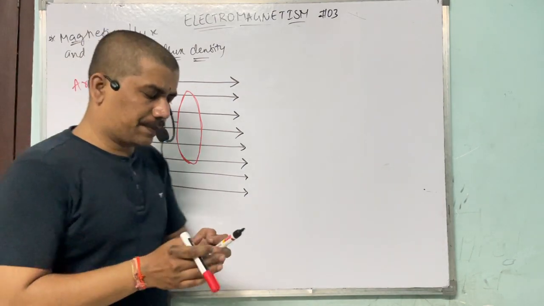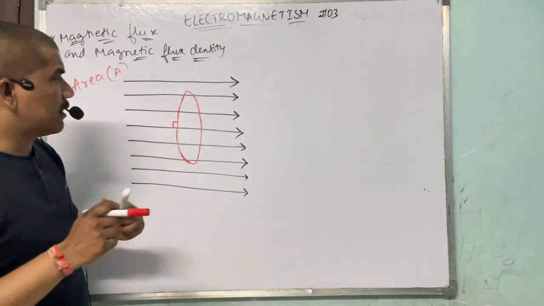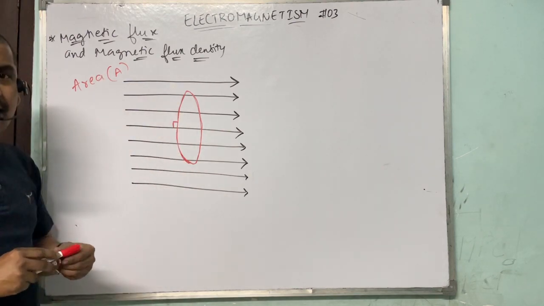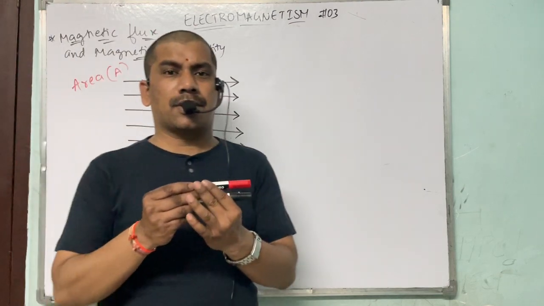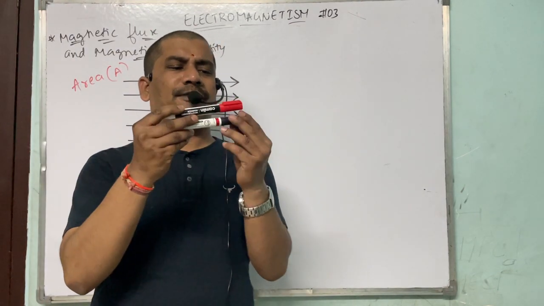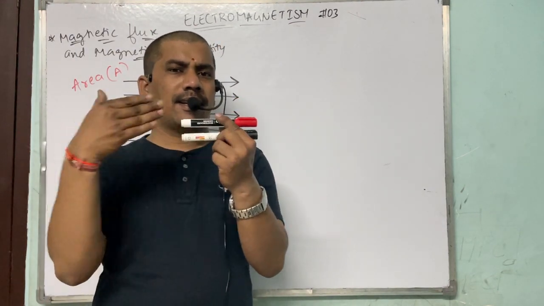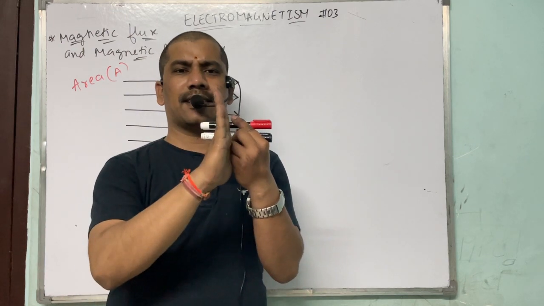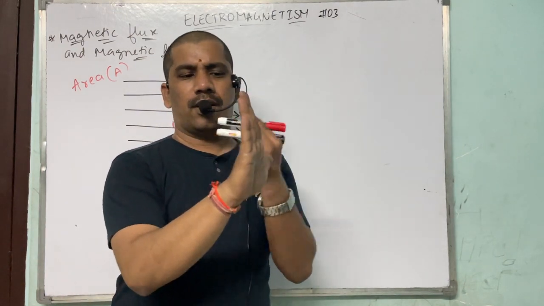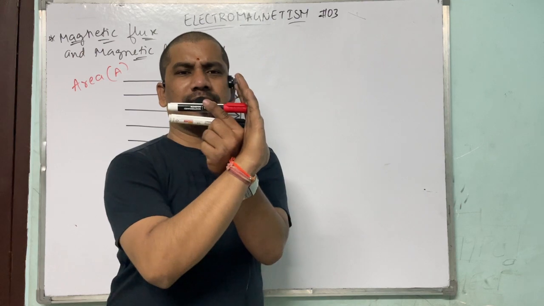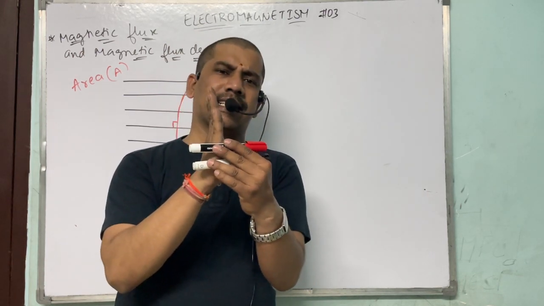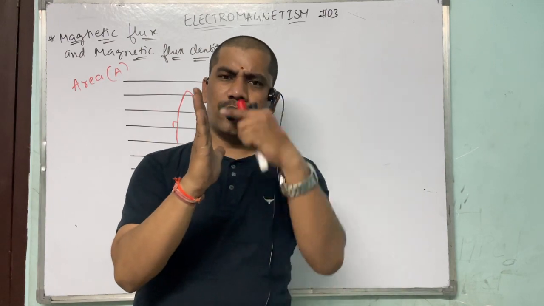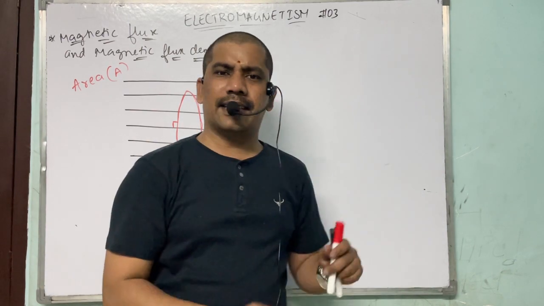Perpendicular है, मतलब see, you have to consider one plane whose area is A and that plane must be perpendicular to the magnetic fields. Suppose these are magnetic fields, these two markers pointing like this, then the plane should be like this. This hand is the plane now, so the magnetic fields will go like this. If I keep them like this, both are 90 degrees or not? See, L is forming 90 degrees, right?